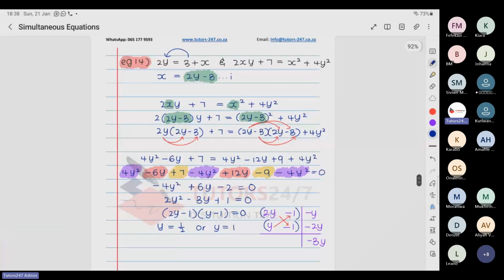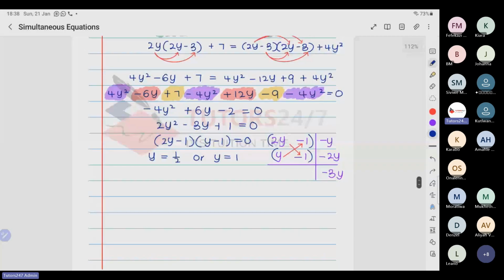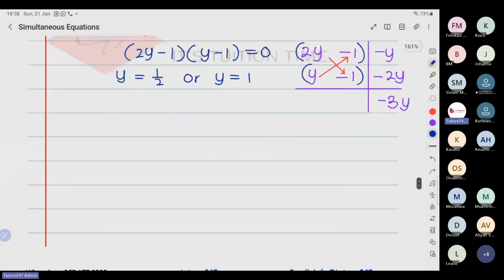In order for us to find the value of x, we take this value of y, substitute it into one of the equations, and solve for x. So I'm going to substitute it into this equation 1. That's 2y minus 3. So x is therefore equal to 2y minus 3. We can substitute a half.